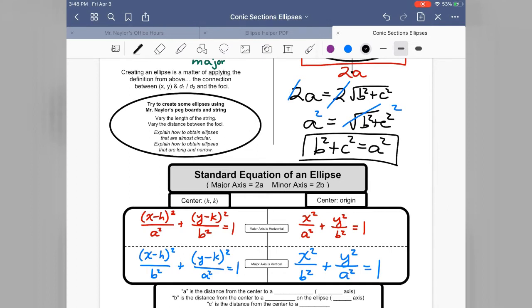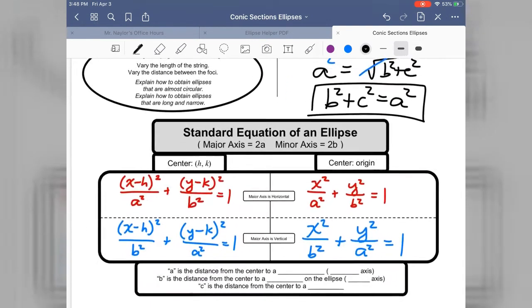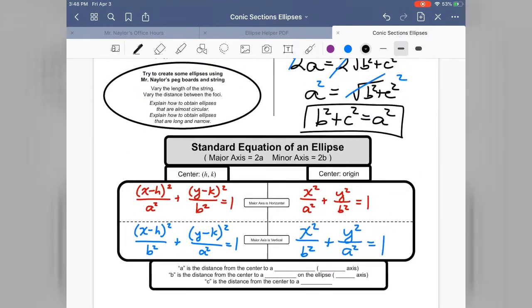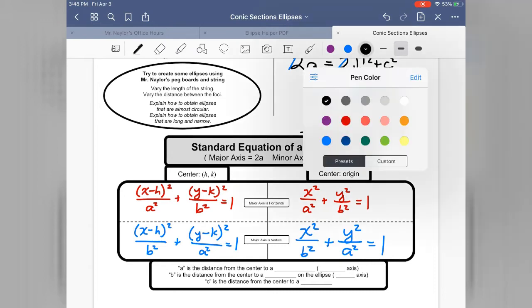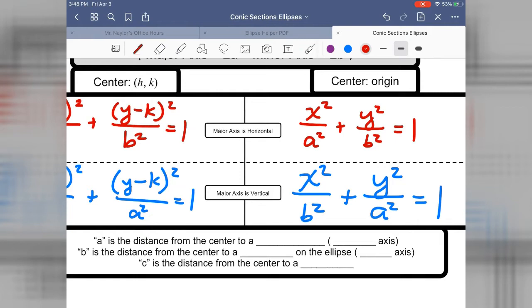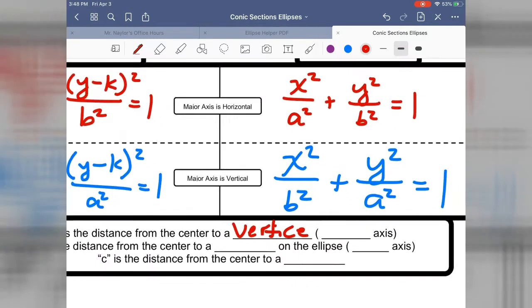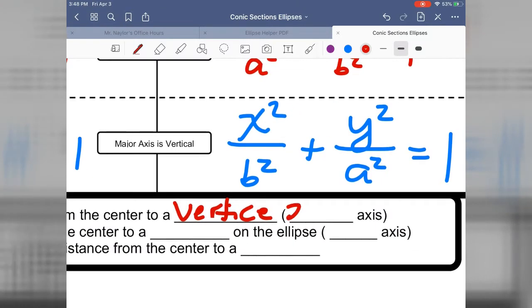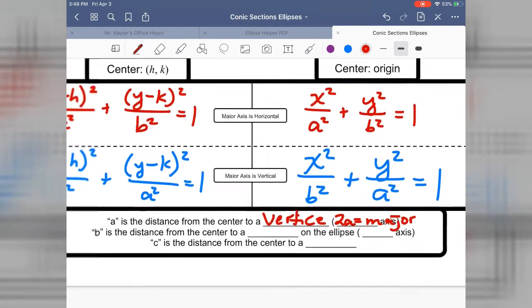Why don't we take a little closer look at our formula, because it uses some of these letters. Did you catch what I did with the letter A? The letter A is the distance from the center to a vertex, which means that 2a would have to equal the major axis. Yeah, I didn't give you a lot of space there. Sorry about that. So 2a would be the major axis.